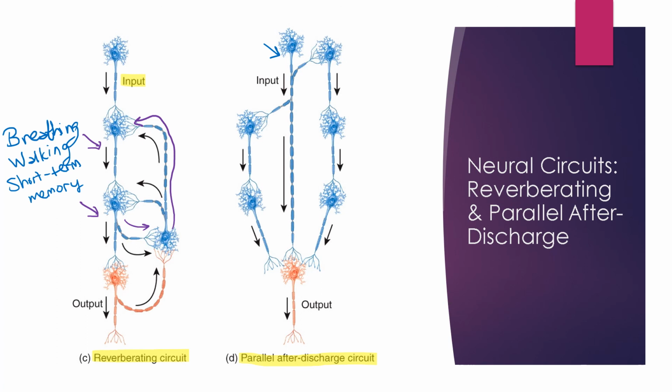So this is going to be our first cell here, and we see that its axon stimulates this cell, this cell, this cell, and then those three synapses will all come back down to a single postsynaptic cell. So these parallel after-discharge circuits may be involved with really precise activities, things like making mathematical decisions.